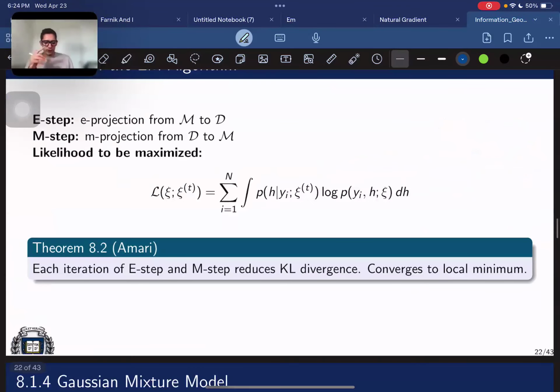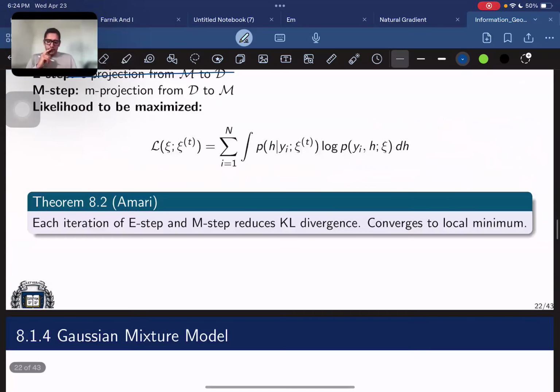This is, yes, what I said was the correct way. So if this distance is minimized at each step, then with some regularity conditions, we can come up with a proof that the EM algorithm stops at the end.